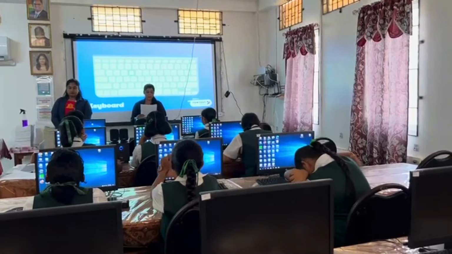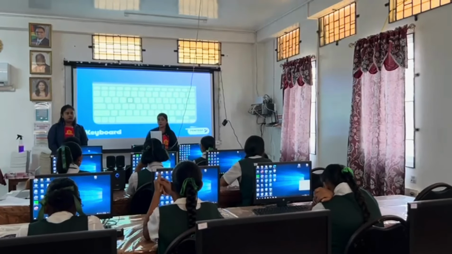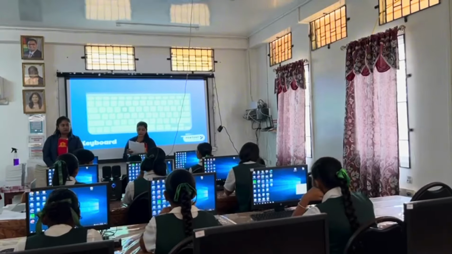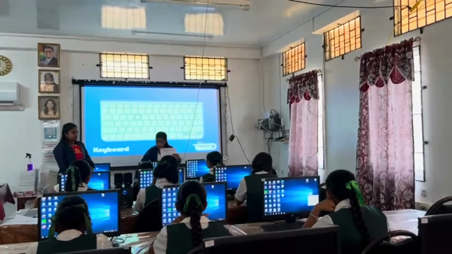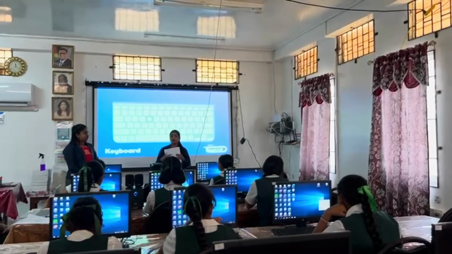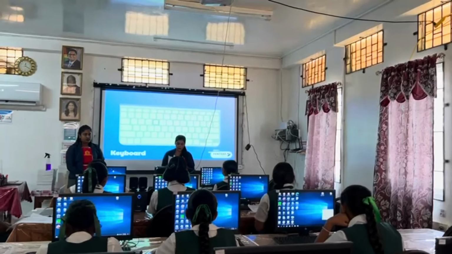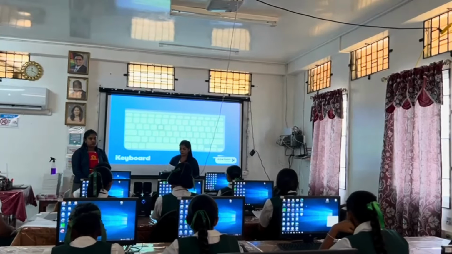Very good. If you want to type a document, it's the same part of the computer you're using, isn't that so? Good. And it's used to enter information when creating documents. Remember, when you're touching the keys on the keyboard, it means you're entering data, isn't that so? Good. So the keyboard is classified as an input device, right?